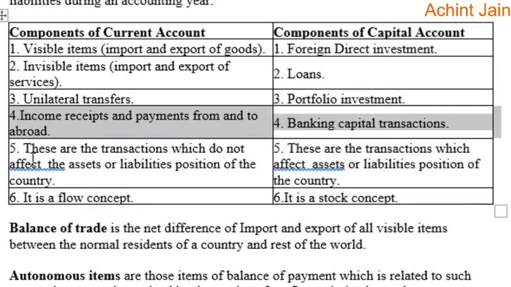And one more: in the current account, the transactions do not affect the assets or liabilities position of the country, but in the capital account, the transactions affect the assets or liabilities position of the country. And the remaining you try to create with the help of your definitions, your components and even the structure of the current account.